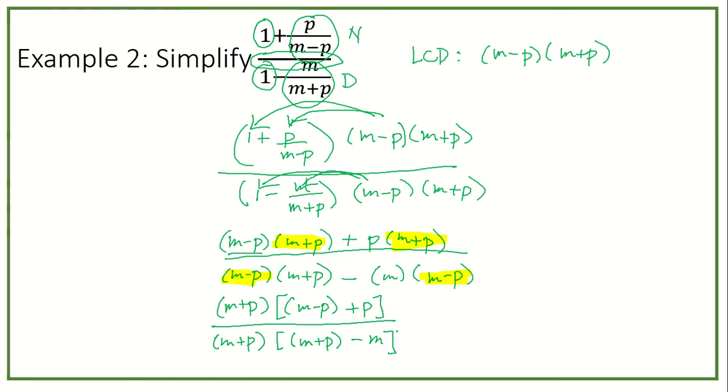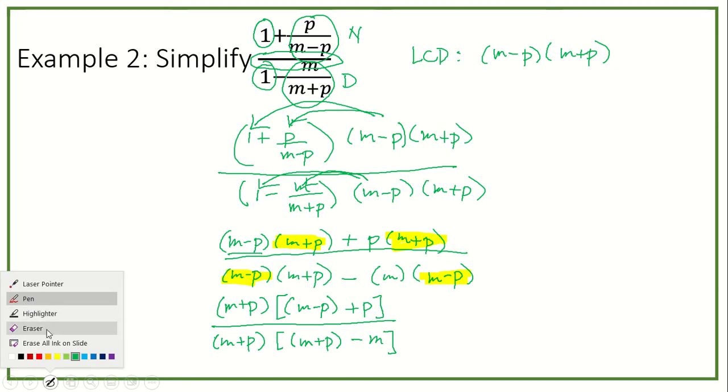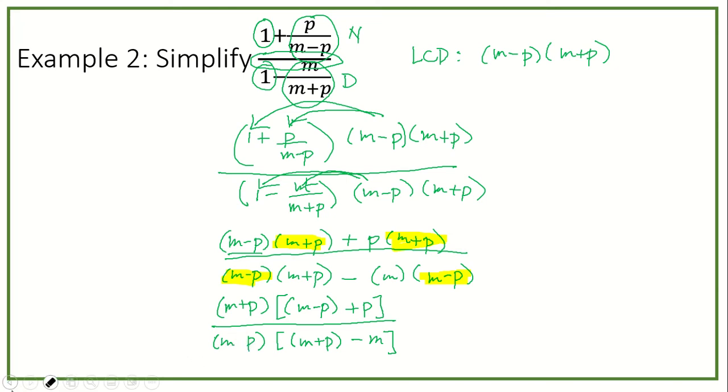Okay. Ay, sorry. Minus pala to. Minus. Ayan. Okay. Now, pwede pa natin tong i-simplify. So, ang mangyayari magiging m plus p, ito, m minus p, pwede natin i-remove yung parenthesis, plus p, magiging 0 na siya. So, yung m na lang matitira.